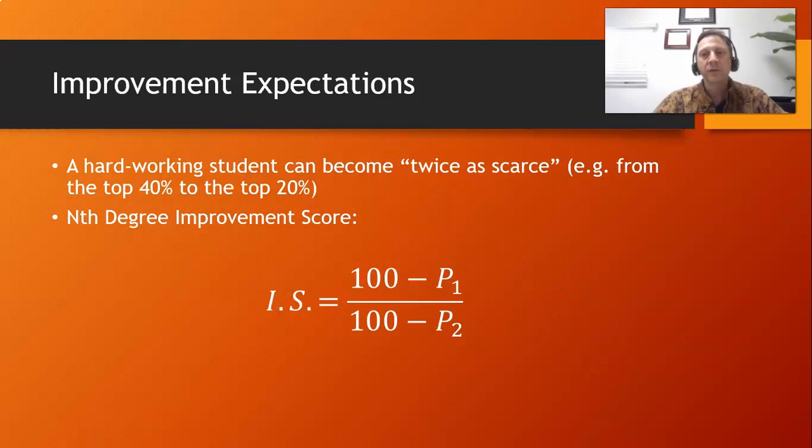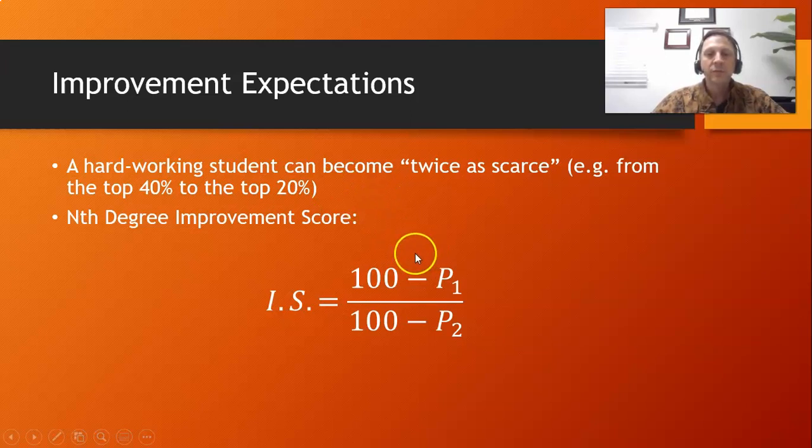For example, she could improve from the top 40% to the top 20%. So that's a measurement of how scarce you are. If you are in the top 40% and then you improve to the top 20%, you've joined a club that's half as large as the one that you used to belong to. Twice as exclusive, twice as scarce.